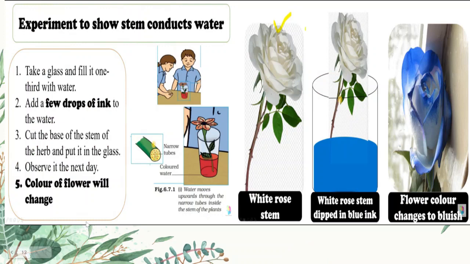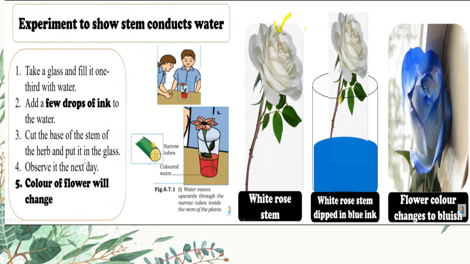There is one activity here, children. This is an activity to show that water rises through the stem. What you need to do is take a glass and fill it one third with water, and add a few drops of ink to the water.